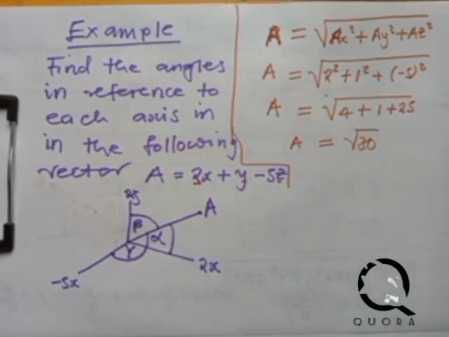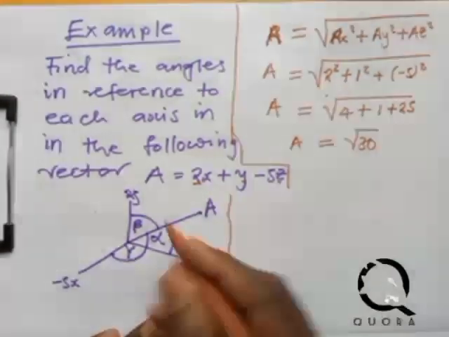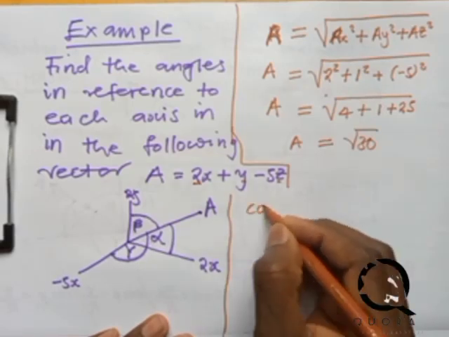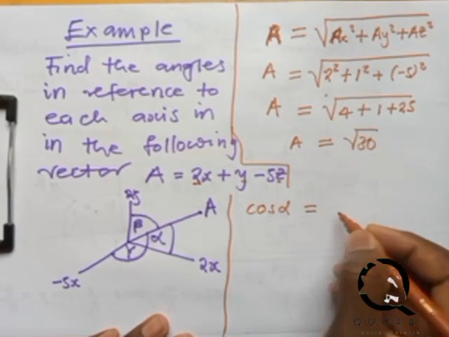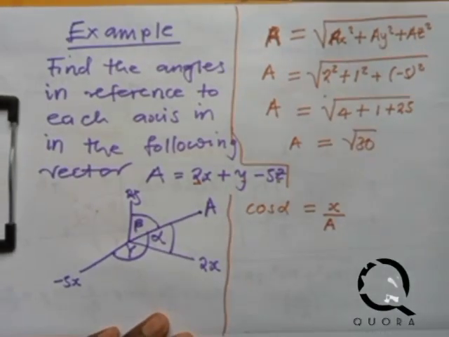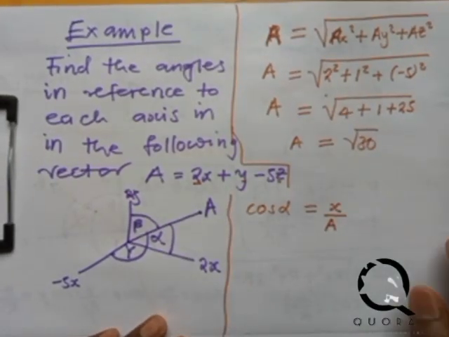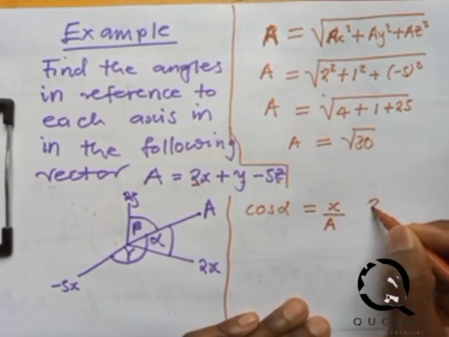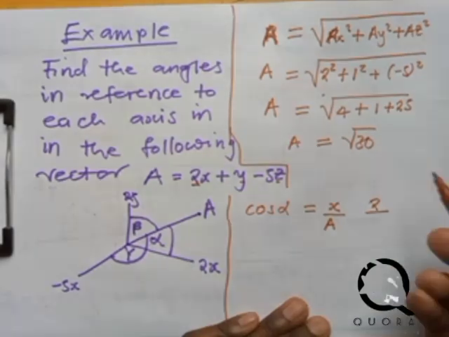Right. So to find the angles, what are we supposed to do? I'll start with the x component. I'll say cos alpha has to be equal to x over vector A. So here on x we have 2 over, what is the resultant?